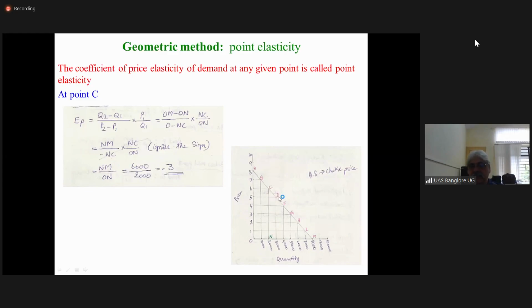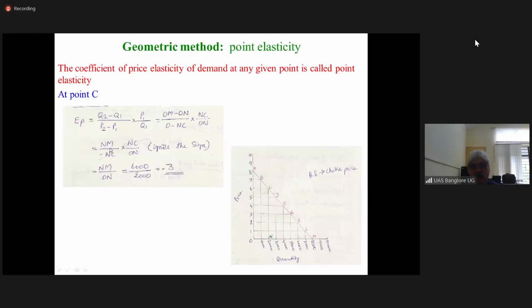So O minus NC, into the original price NC divided by original quantity, that is ON. So your formula would be OM minus ON divided by O minus NC, into NC by ON.